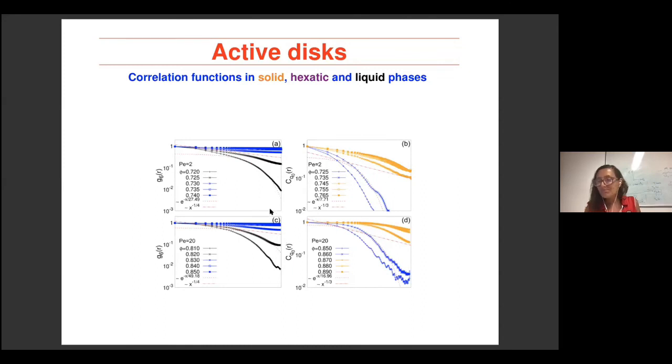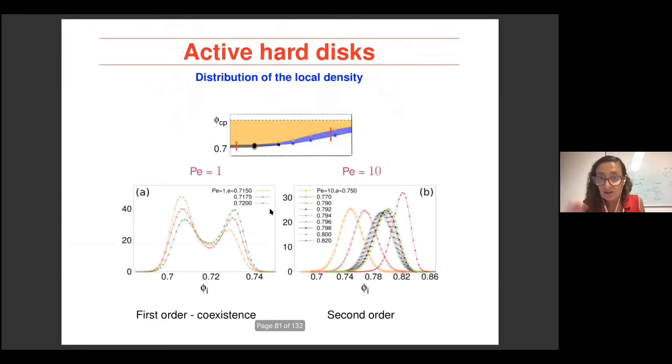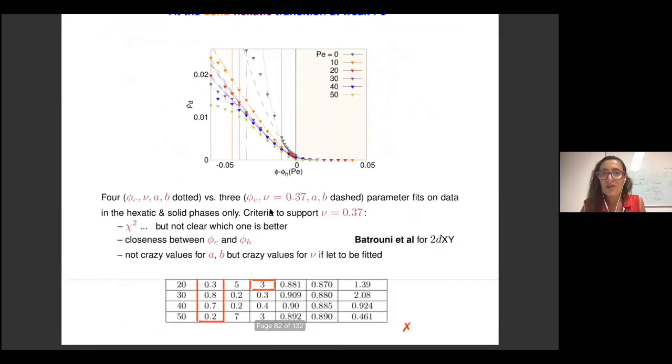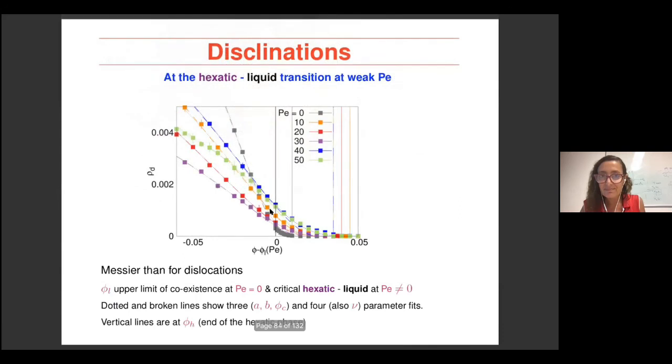So this is one of the possibilities for how you can claim that you have these Kosterlitz-Thouless phase transitions. The other thing is that you can look at the defects: what happens with the disclinations and how they separate when you go across the transition for the different Peclets. These Peclets are all in the region where you have already left the coexistence, so they should correspond to a Kosterlitz-Thouless kind of transition.